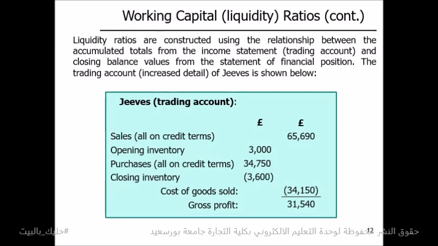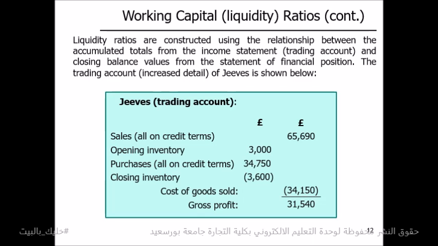Liquidity ratios are constructed using the relationship between accumulated totals from the income statement and the closing balance values from the statement of financial position. The trading account of Jeffers is shown below. So he gives you the trading account of this company in this box. He gives you the sales, the opening inventory, the purchases, and the closing inventory.